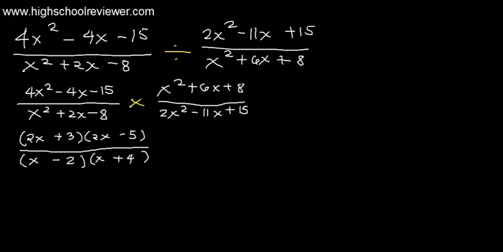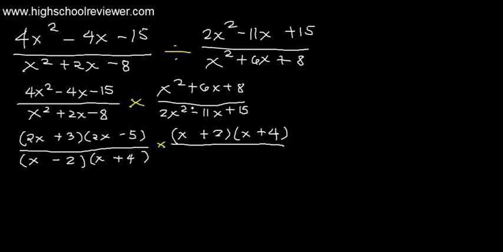And then we are going also to factor out x squared plus 6x plus 8. What are the factors? The factors of x squared, again, is x multiplied by x, and the factors of positive 8 that will give us the sum of positive 6 will be plus 2 and plus 4.